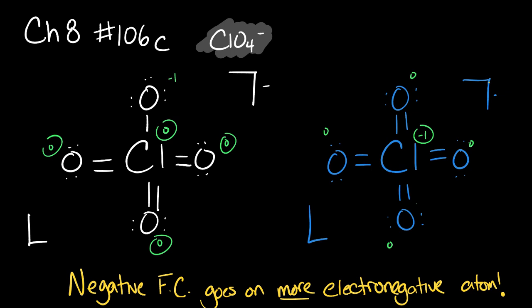So in terms of electronegativity, the thing to keep in mind is fluorine, oxygen, and nitrogen are at the top, and so we want those elements to carry negative formal charges if at all possible. So again, structure in white better than the structure in blue, because chlorine is less electronegative than oxygen, and so we want to put that negative formal charge not on chlorine but on one of the oxygens.